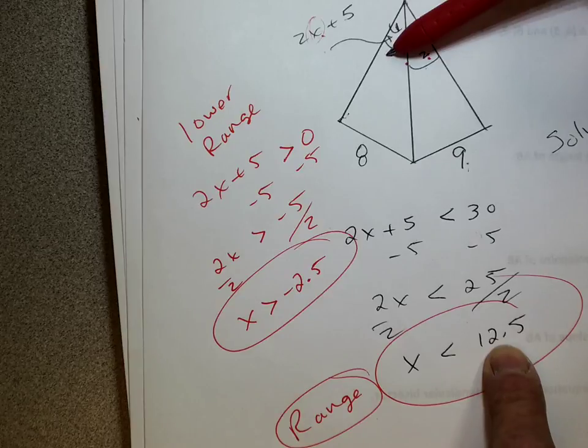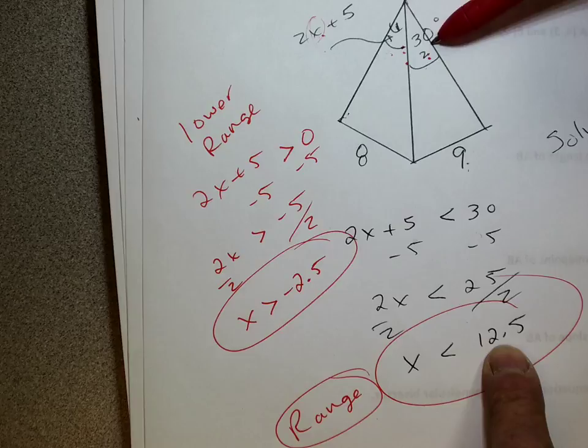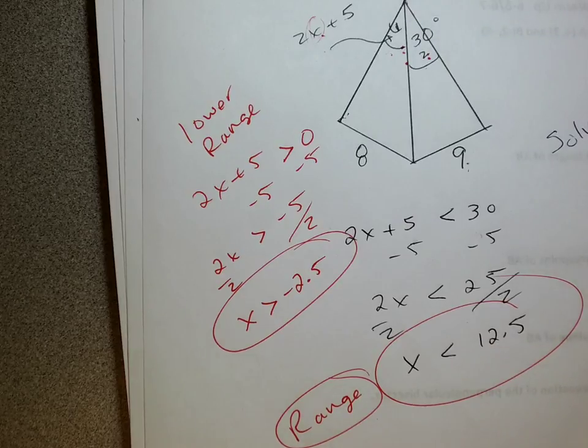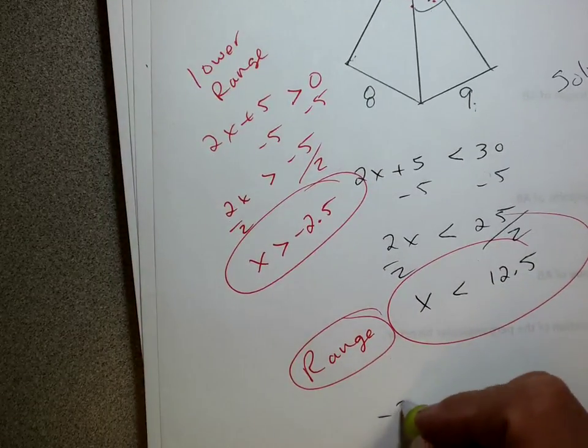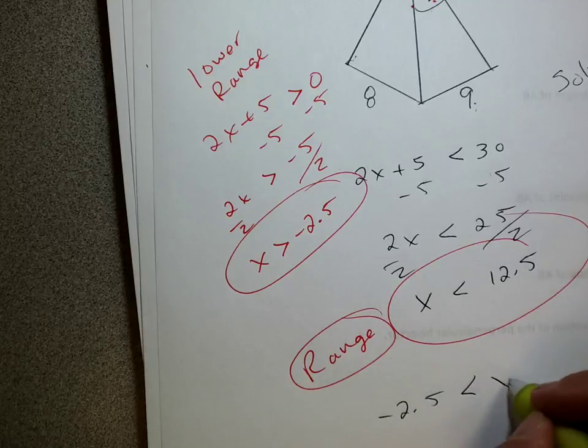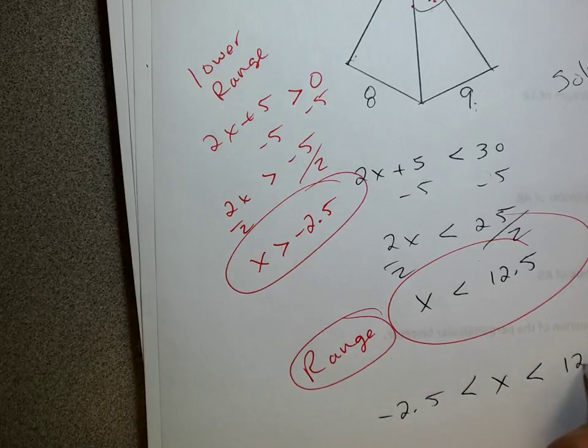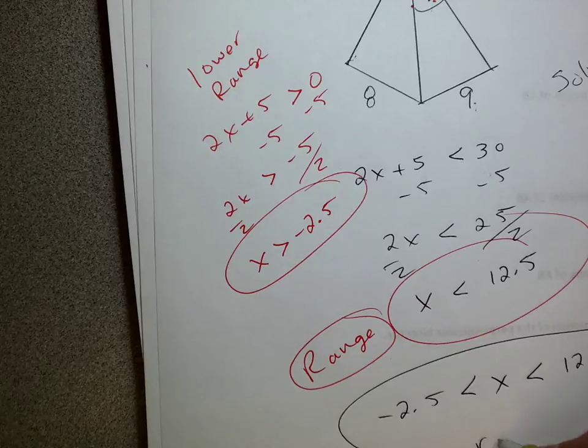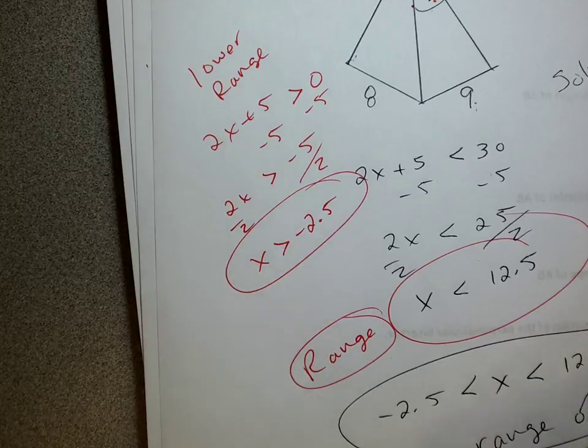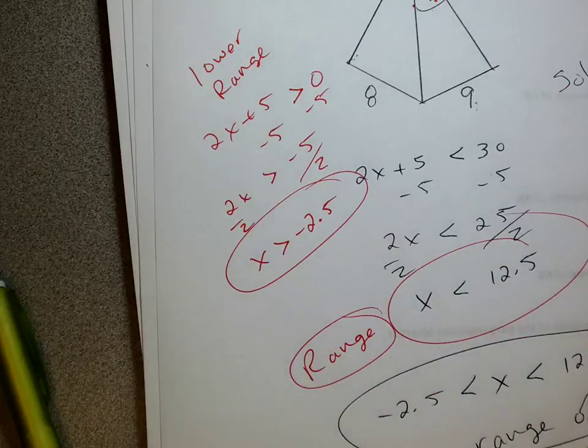It can't be more than 30 because this angle, angle 1, has to be bigger or smaller than angle 2. Does that make sense? So we get a range. I'm going to write this as negative 2.5 is less than x, which is less than 12.5. And that's the range of values for x. And that's going to be the hard one on the quiz on Friday, but I'm hoping it makes sense to you.